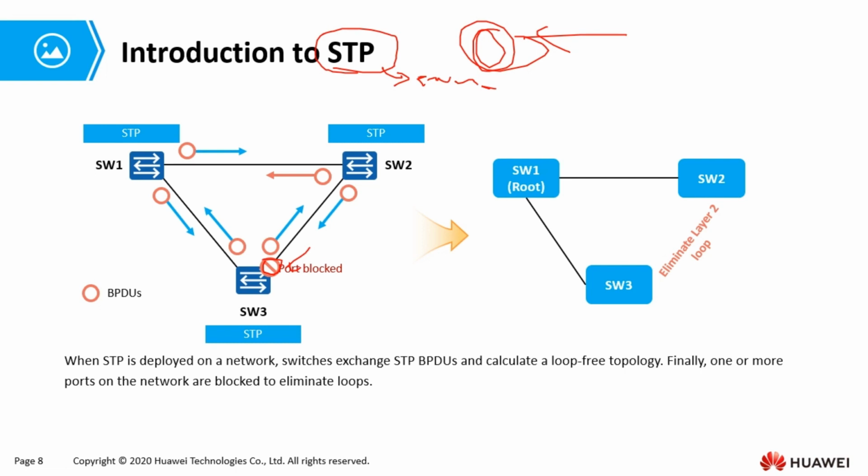That's why under STP, even though we have redundancy, we block certain ports in order to avoid loops or broadcast storms in your layer 2.